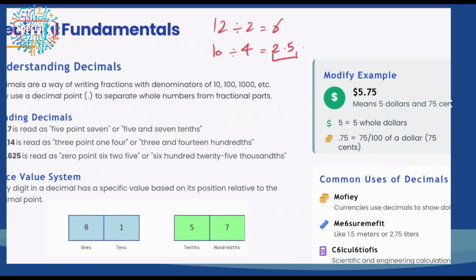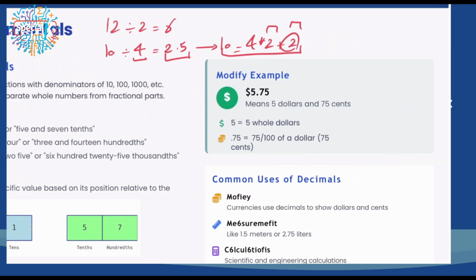It means that we don't have 2 or 3 whole 4s inside the 10. We have a number in between. 10 could be equal to 2 of 4 plus a number of 2, which we know as a remainder. Instead of writing down that 10 is equal to 2 of 4s plus 2 as remainder, we are going to use the decimal point, 2.5. 2 is something that we know as a whole number, and the other part is going to be a fraction.